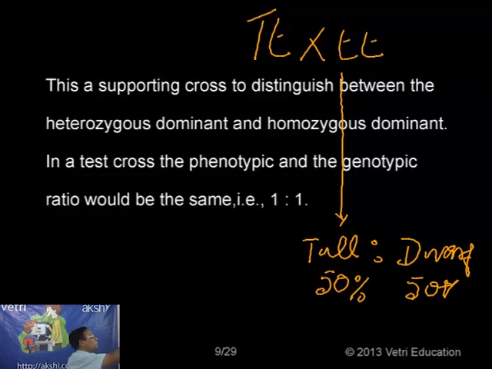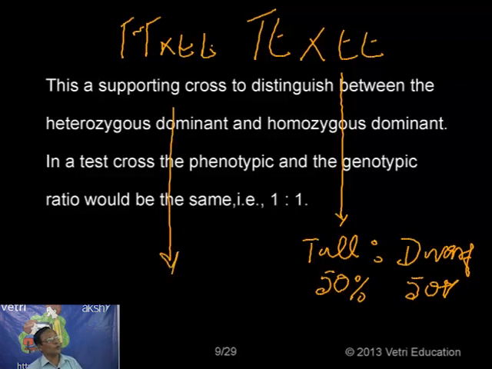Suppose the unknown parent has a dominant genotype and when crossed with a recessive parent we get 100% of the individuals dominant, then it is a homozygous dominant parent. So if you are getting all the individuals in the progeny similar, or 100%, then we can say the dominant parent involved is homozygous dominant.